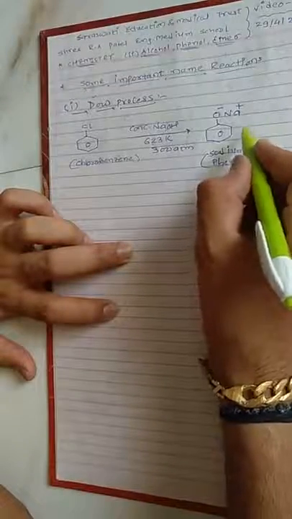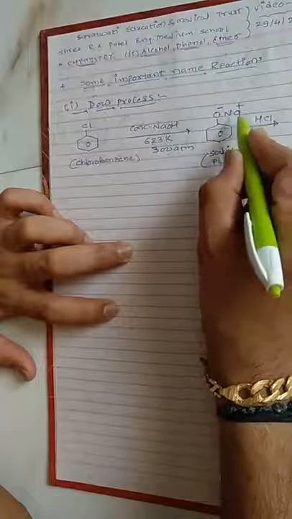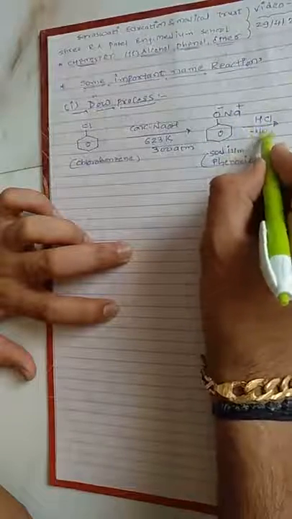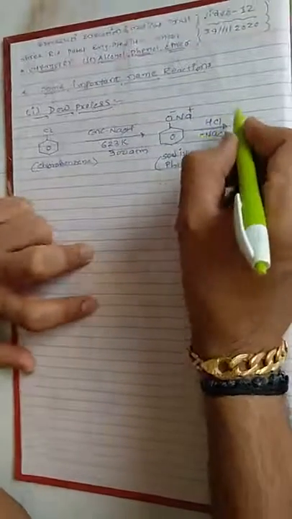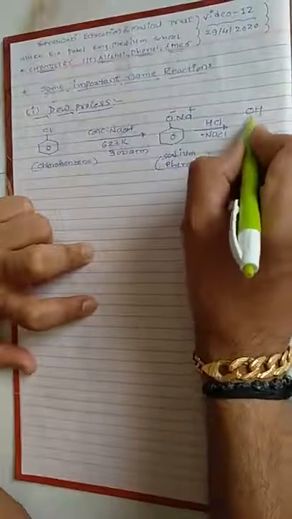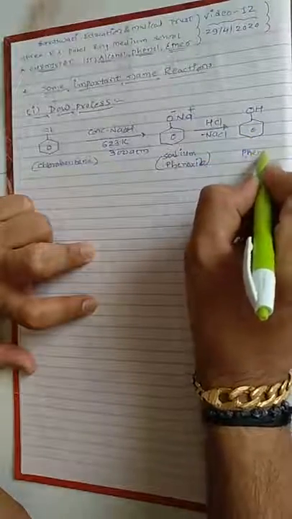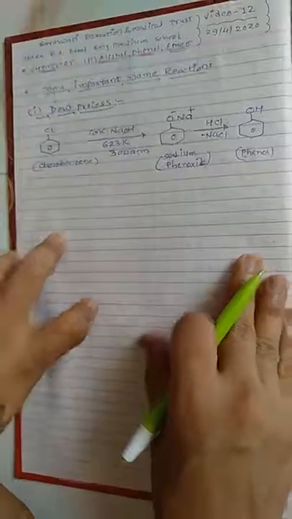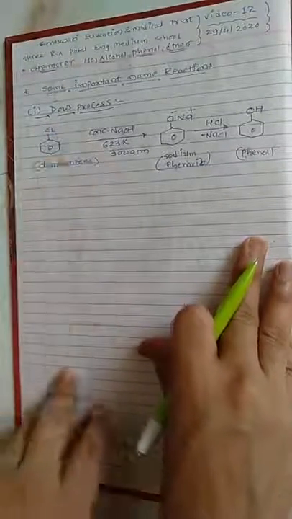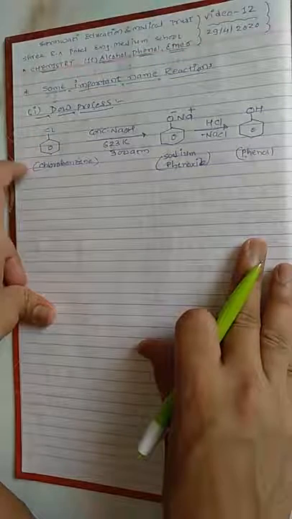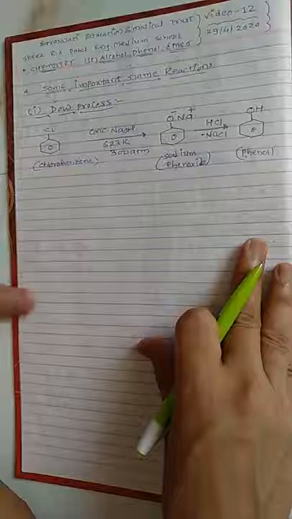When this sodium phenoxide is treated with concentrated acid like HCl, NaCl is eliminated as a byproduct. So we get our desired product in the form of phenol. This well-known method for the formation of phenol is called the Dow process, in which generally we start with haloarene as a starting raw material.